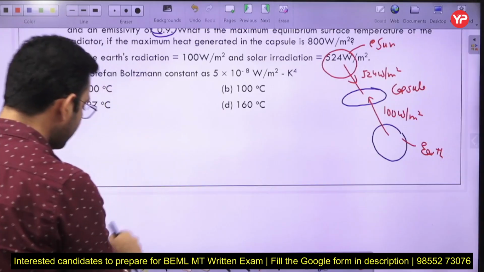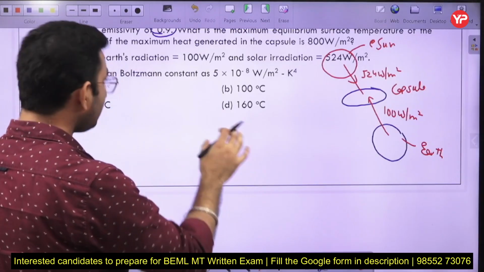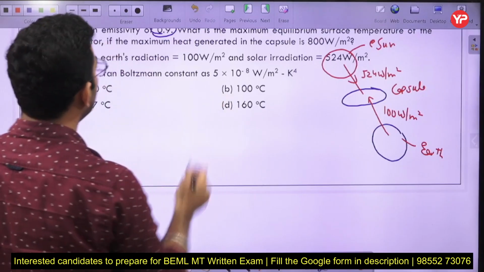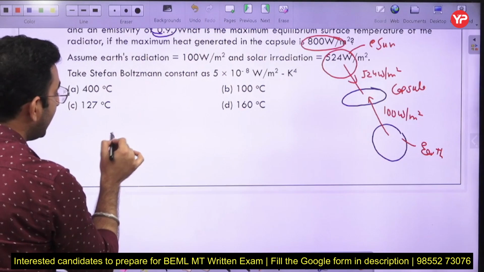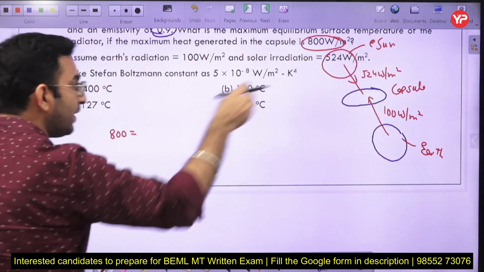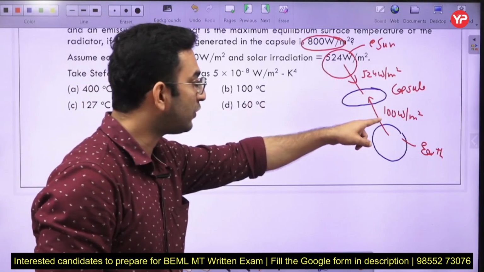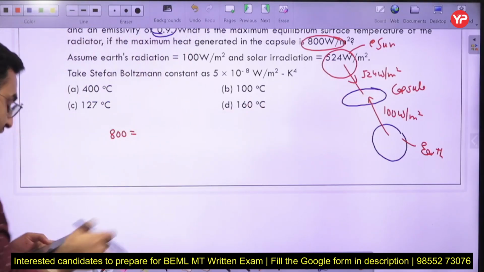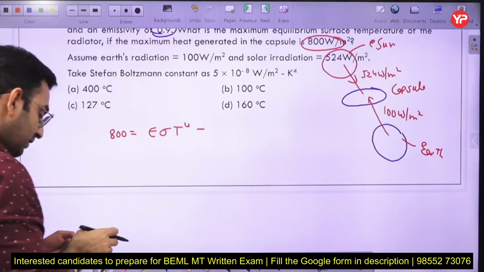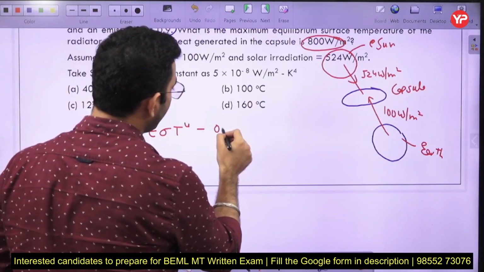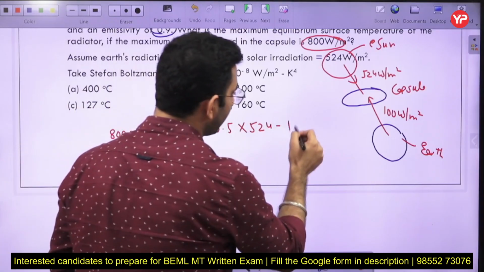Okay, so now if I simply balance the energy here, I can write the maximum energy generated. 800 is the total maximum energy which is being generated inside the capsule due to the solar radiations as well as the radiation coming out from the earth here. Which can be written as epsilon sigma T4 minus 0.5 multiplied by 524 minus 100 here.